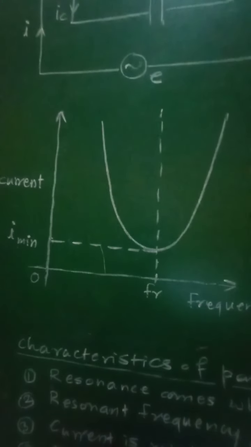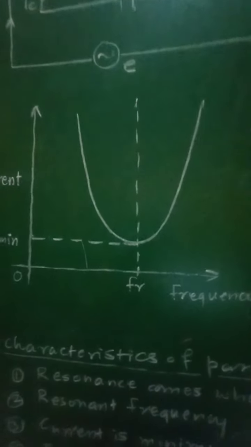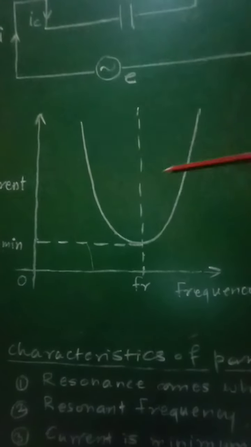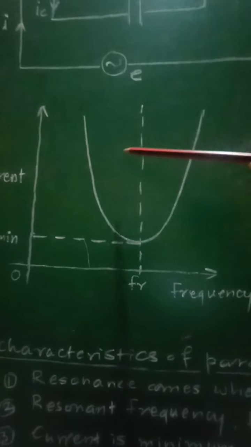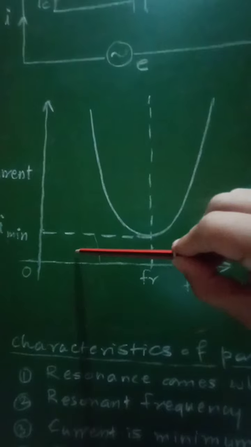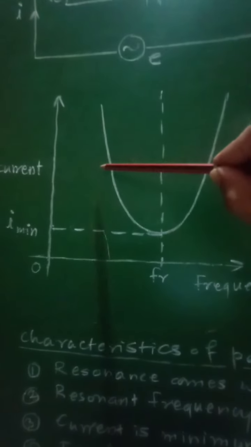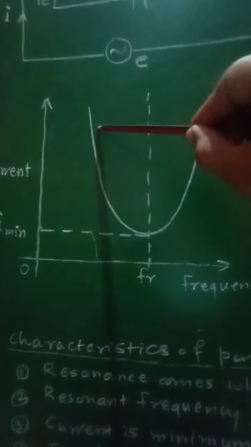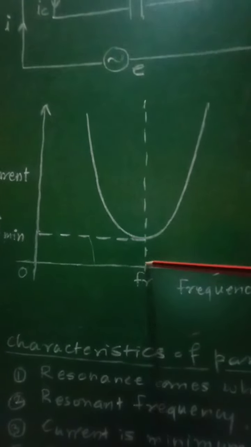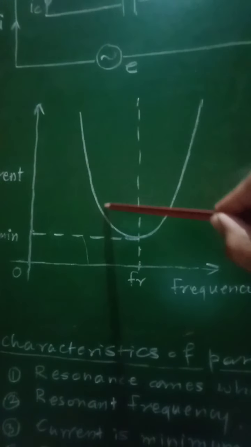If you consider parallel resonance circuits, then for smaller frequencies initially current will be maximum. As frequency goes on increasing, current goes on decreasing.